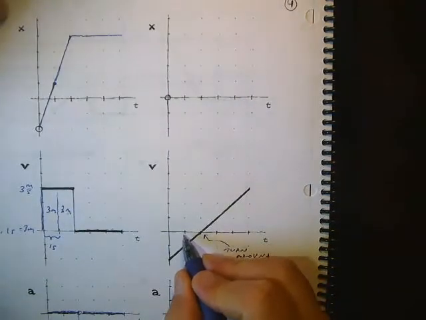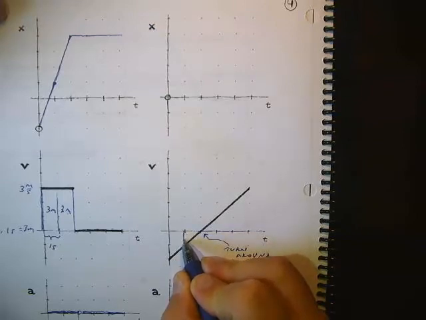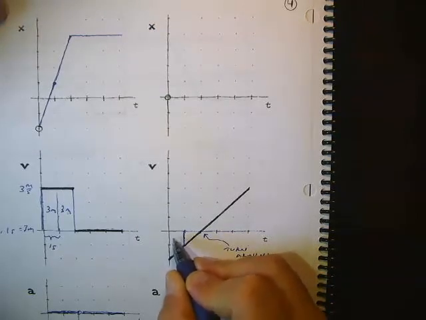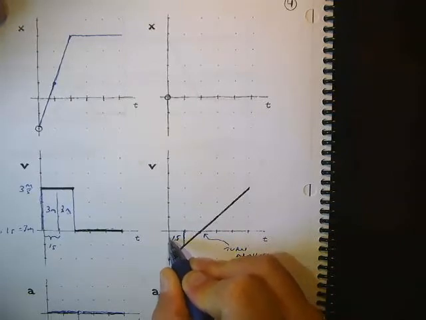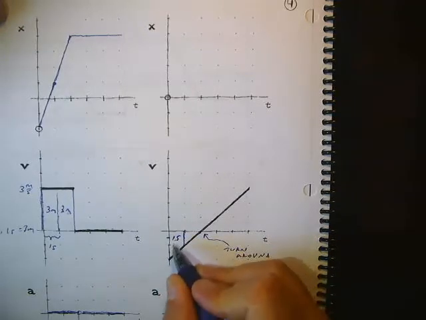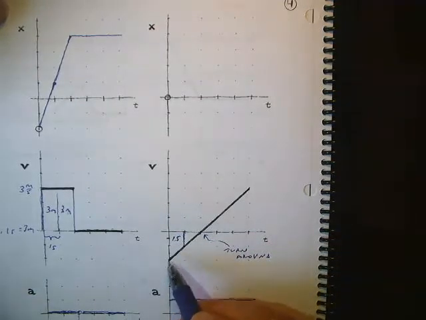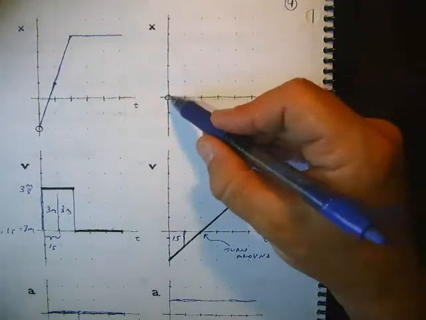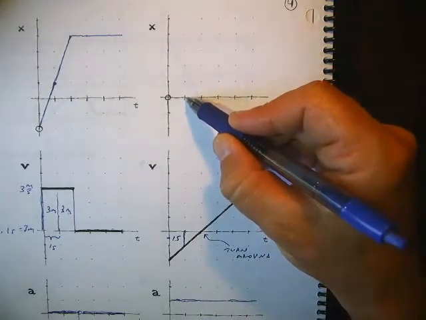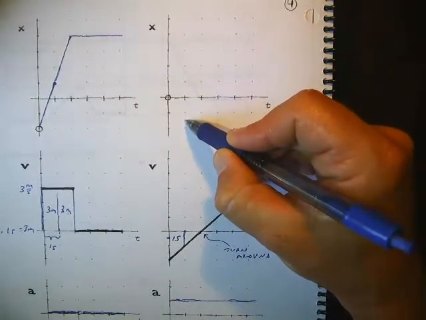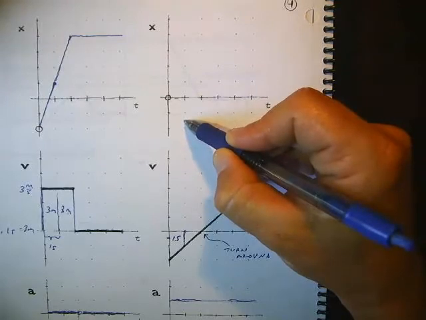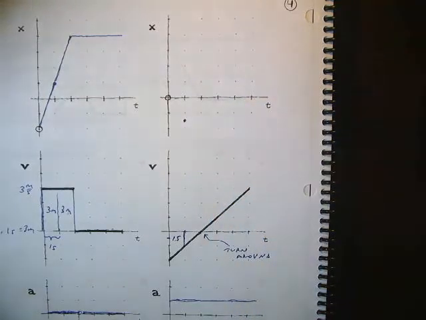And so what we can do is say, well, during this first second, the area between the curve and the axis is 1.5. And I'm actually going to call that negative 1.5 because it's moving backwards, right? The velocity is negative. So what that means is in the first second, it needs to move backwards, or in the negative direction, by 1.5. So after the first second, it's going to be there.